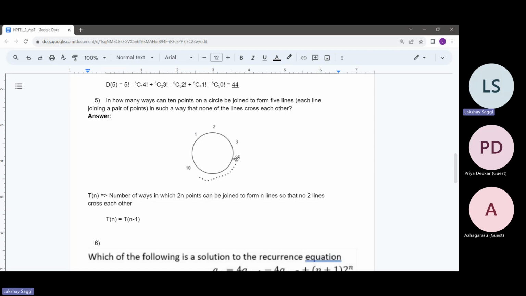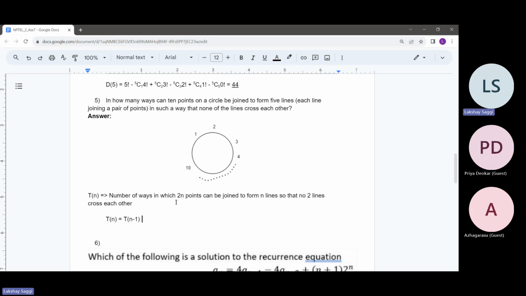Similarly, if 1 is joined with 4 here, note that we have split the circle into two halves. One part has the points from 5 to 10. The other part has these 2 points, 2 and 3. These two parts are independent.